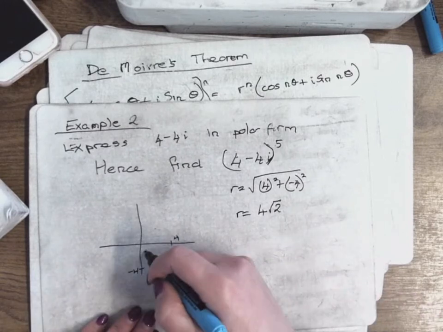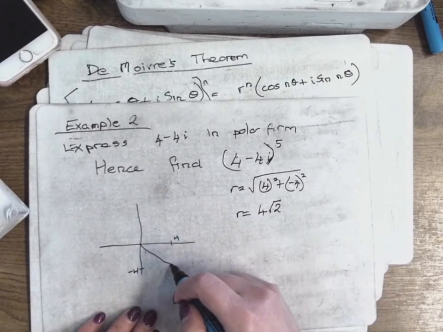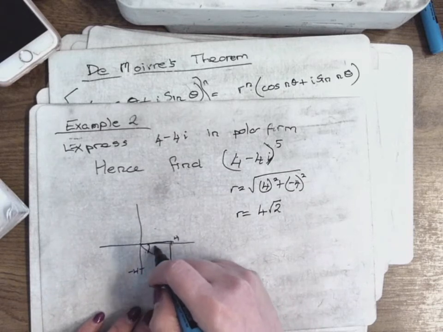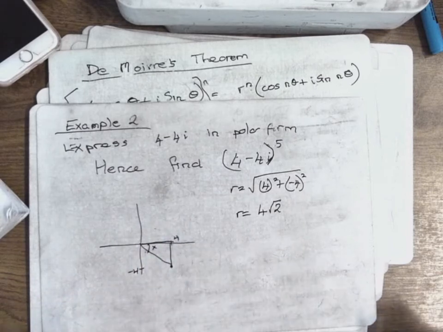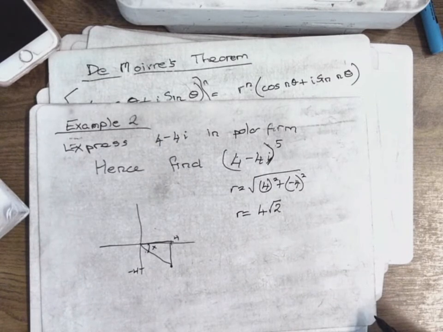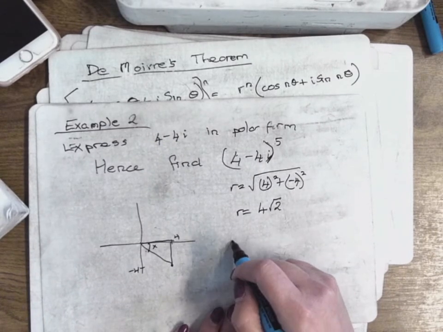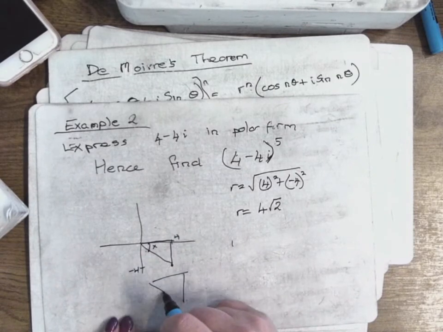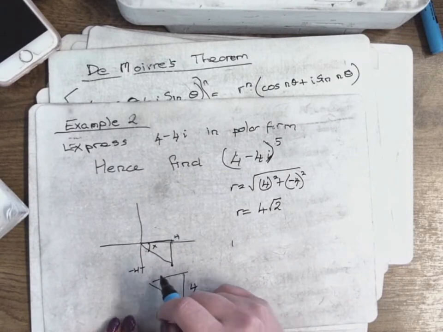So I need to make a right angle triangle. There's my right angle triangle. I need to find x. When I find x, I'll either be leaving it as a minus or taking it away from 360. Okay, so I'll draw the right angle triangle bigger. This is 4, this is 4.